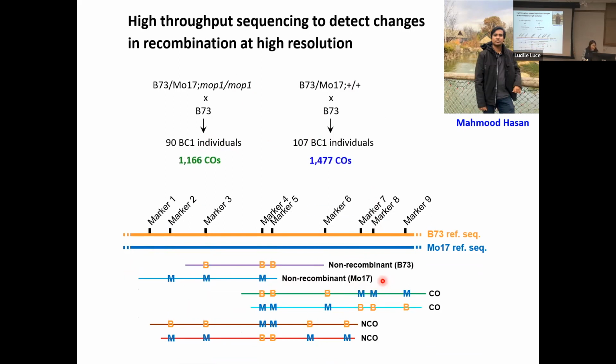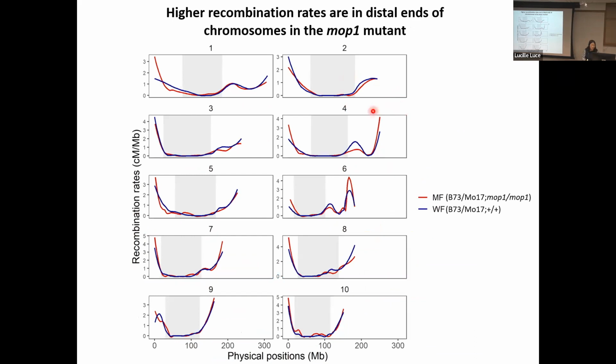So we just got the data. We identified over 1,100 crossovers derived from MOP1, and 1,400 derived from the wild type. If you plot out these crossovers, you can see in many chromosomes, for example chromosome 6, there are a lot more crossovers in the distal end in the mutant.